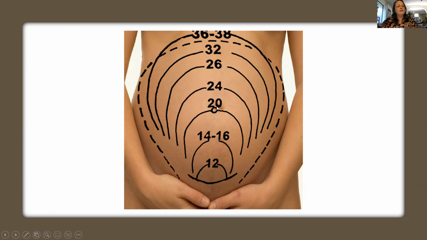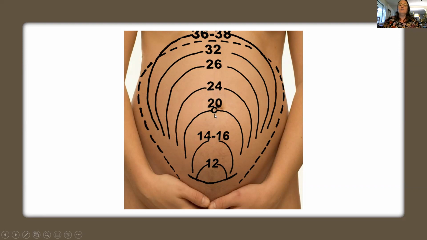See how I said at 20 weeks, you'll measure about to the level of the umbilicus, and then 24 weeks, 26 weeks. So this is a great way, if you have someone come in with a pregnancy that has been undated and you don't have any idea how far pregnant she actually is, to do a quick check. Is it above the umbilicus or below? And that can determine where she gets seen.